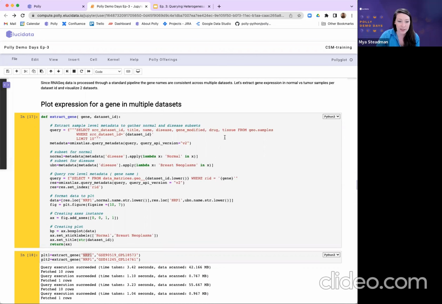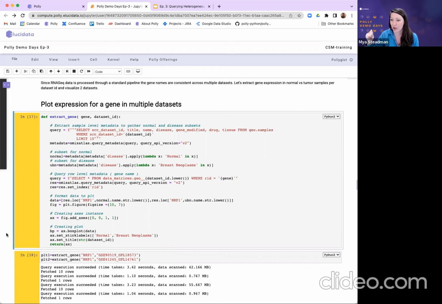So in this scenario, I've got a specific gene that I am interested in. For whatever reason, some in-house research has told me that NRP1 is really important for breast cancer. I found my data sets that have normal versus disease, and I want to see the expression across multiple data sets of this gene. So I'm going to pull out my data sets, and I'm going to look at the sample level.